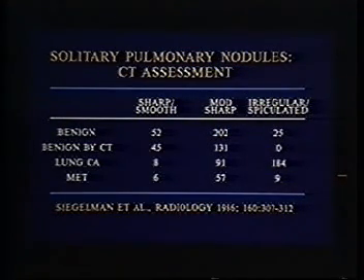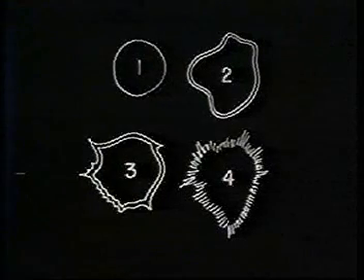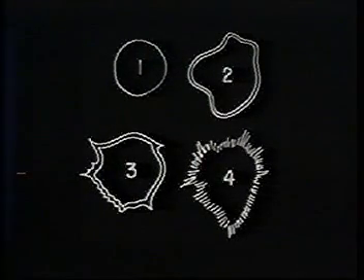But when something was irregular or frankly spiculated, as we see here, it was typically a malignant lesion. Although there were benign lesions that fell into that category, whenever you see this appearance, the chances of misdiagnosing a lesion as benign when it is malignant increase, and you should, I think, avoid trying to diagnose a lesion benign when you see an edge that is irregular or indeed spiculated.